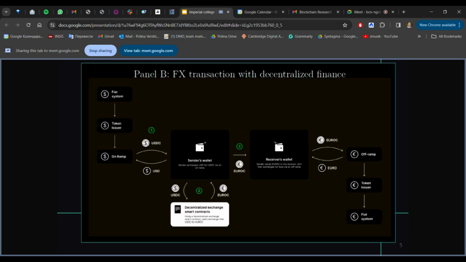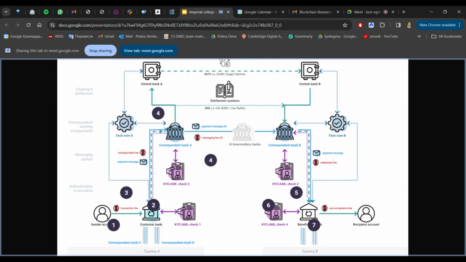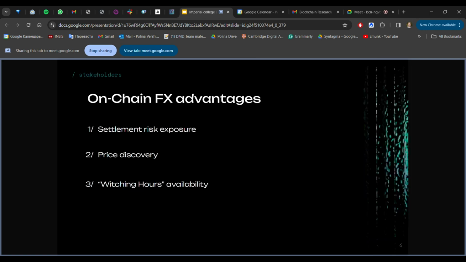So besides the obvious advantages of fewer parties involved in the transaction, less messaging, less fees because there are fewer parties involved, what are other advantages of this system? Here it might be a bit new terminology for you. I don't know if it is or not, but first of all, within the financial industry, there are always concerns about so-called settlement risk. What is settlement risk or settlement risk exposure?